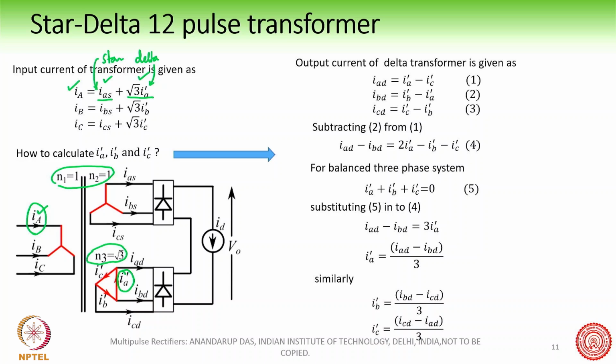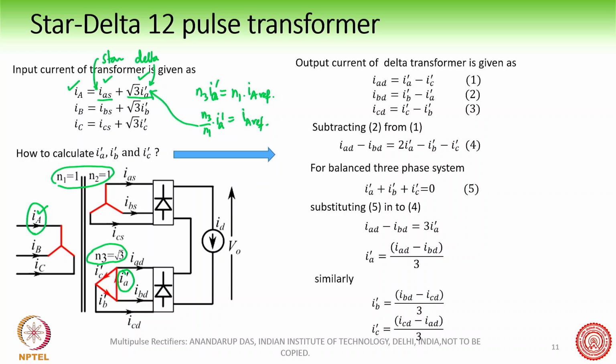So therefore N1 I1 is equal to N2 I2, so N3 IA dash will be equal to N1 IA, and therefore when you reflect this current, it will be equal to N3 by N1 into IA dash that gets reflected, so IA reflected, and that is what I have written here.